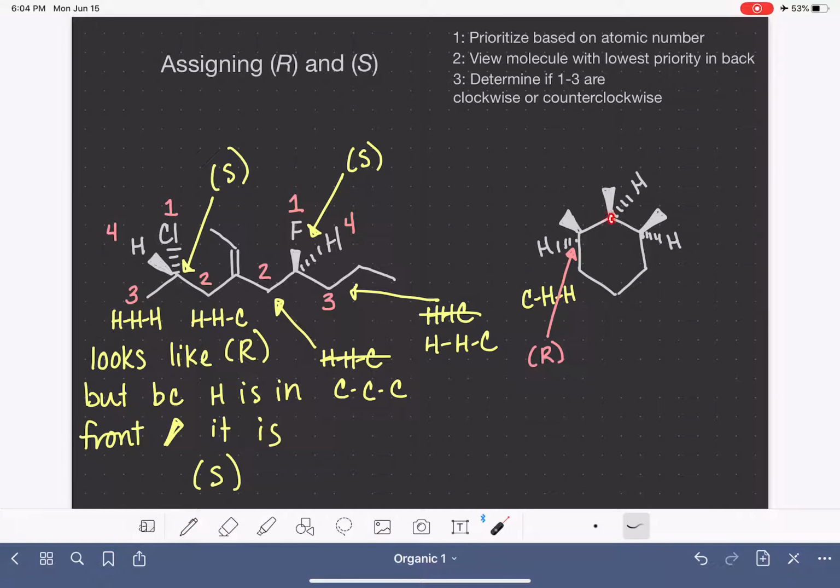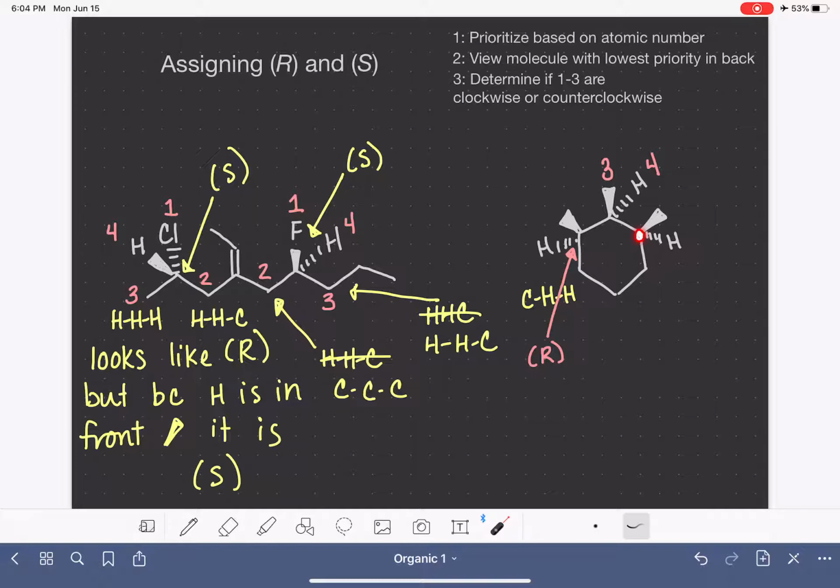We're now looking at this guy right here. That one has a hydrogen, which is going to be number 4. It has a methyl group, and then it has 2 parts of the ring. So we know that this methyl group is going to be low priority because it's got 3 hydrogens on it, whereas the other 2 carbons have more interesting things than that.